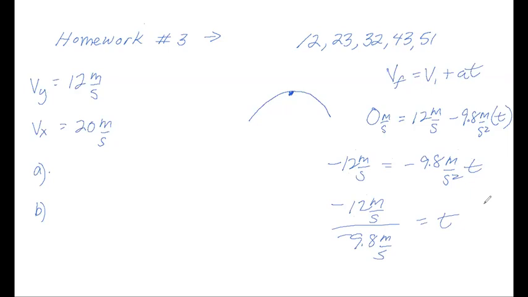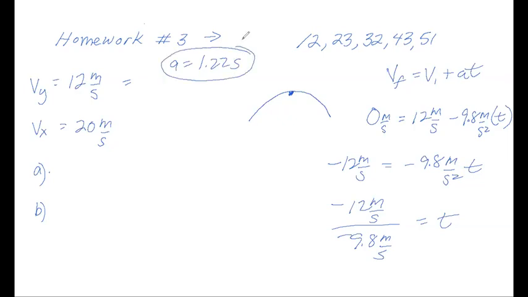Let me just see what that is. T is going to be 2.45 seconds. Oh, wait a minute. No, can't be that. It's going to be 1.22 seconds, right? A equals 1.22 seconds.